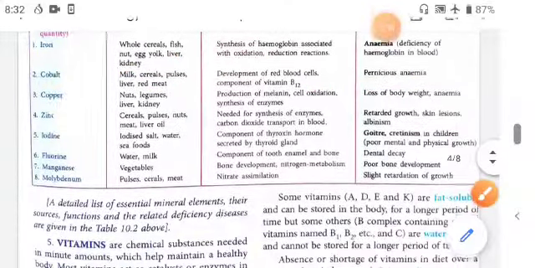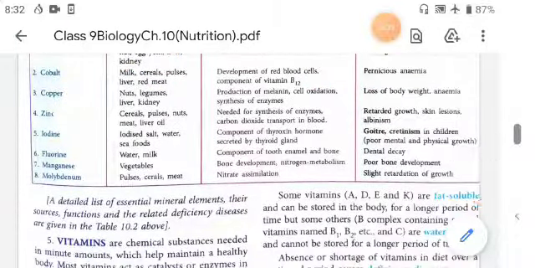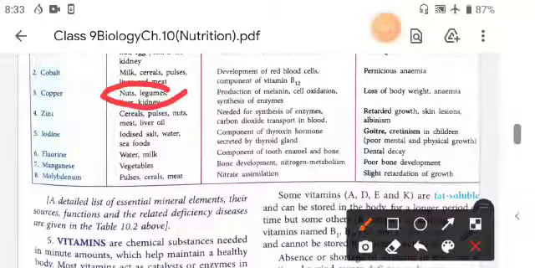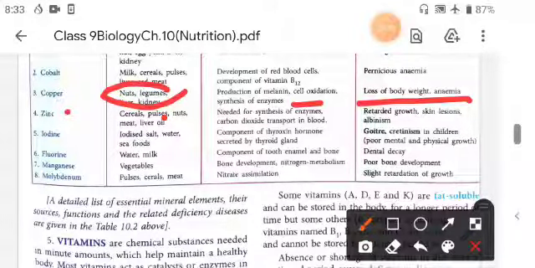Next one is copper. It is found in nuts, legumes, liver and kidney. Function is production of melanin, cell oxidation, synthesis of enzymes. Due to the deficiency of copper, there will be loss of body weight and anemia. Next is zinc. Cereals, pulses, nuts, meat, liver, oils are the sources, and it is needed to synthesize enzymes and for carbon dioxide transport in the blood.